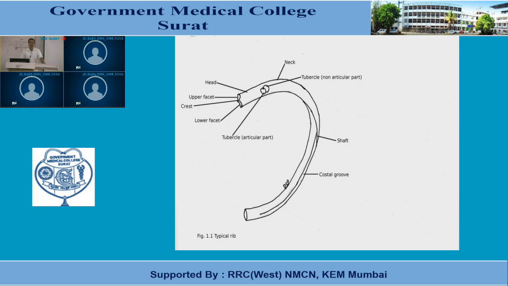In between these two facets, there is one crest, which attaches with the intra-articular ligament. The lower facet articulates with the body of the same vertebra, and the upper facet articulates with the body of the vertebra above.